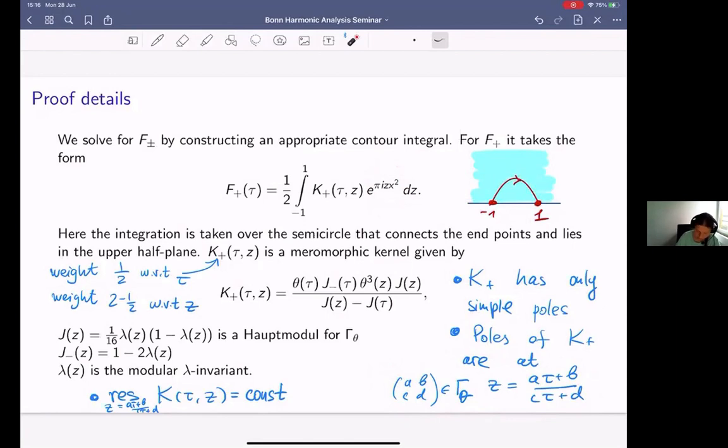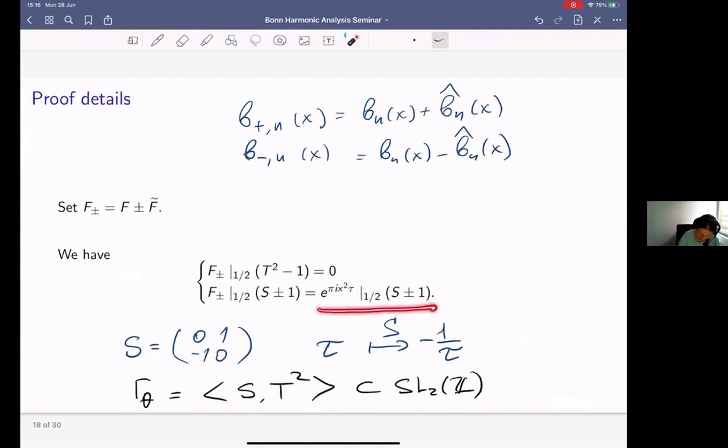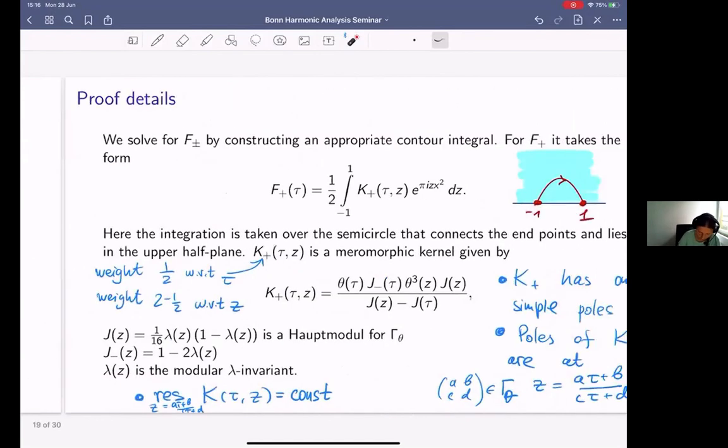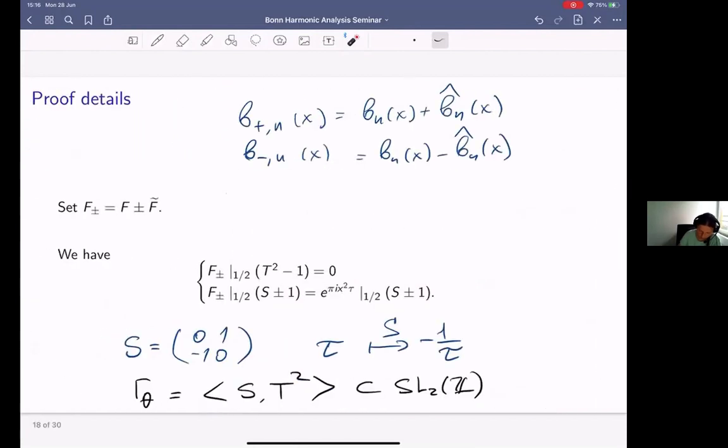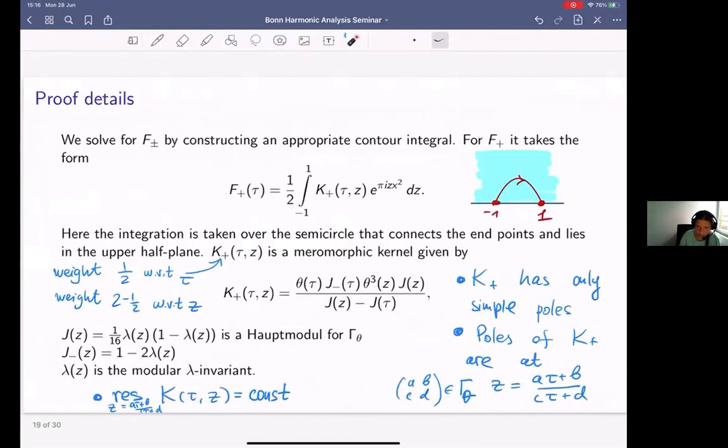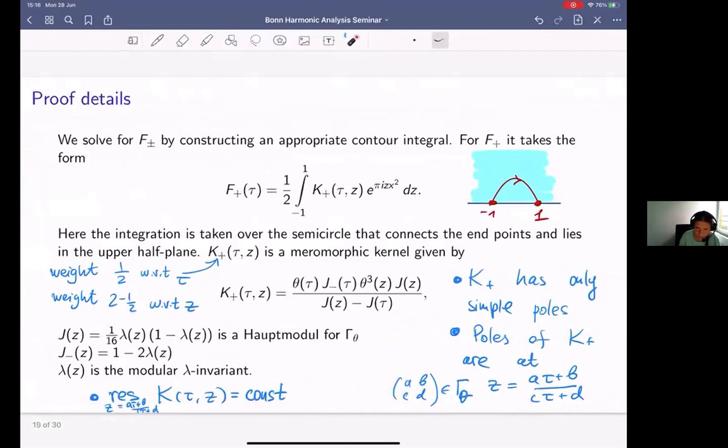And these jumps exactly correspond to these conditions here. So this is how the contour and the kernel are set up, so that the discontinuities which come from integrating through the pole exactly coincide with what comes out from the functional equation. Great, thank you.